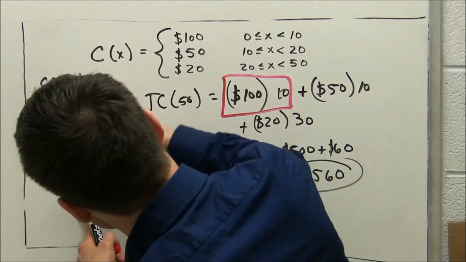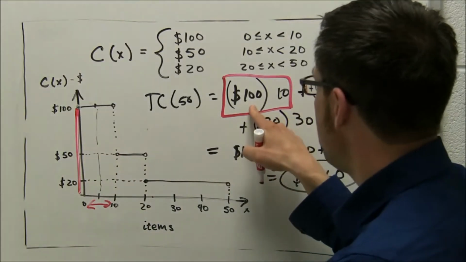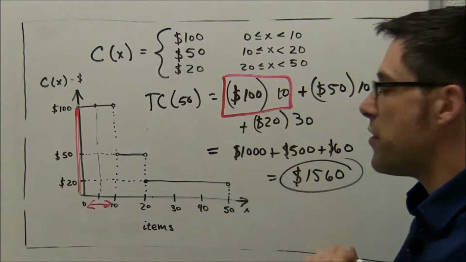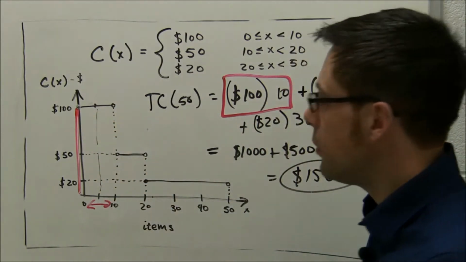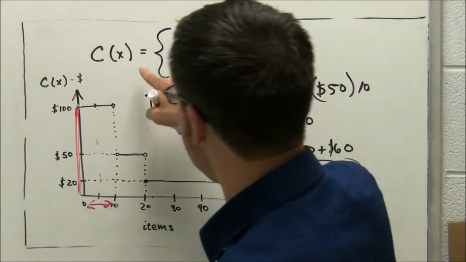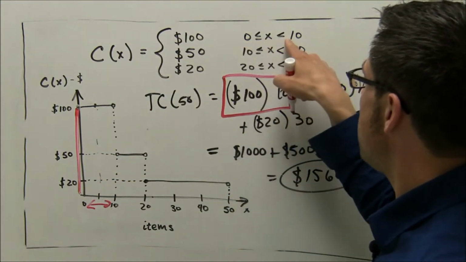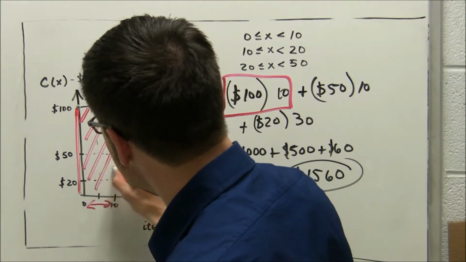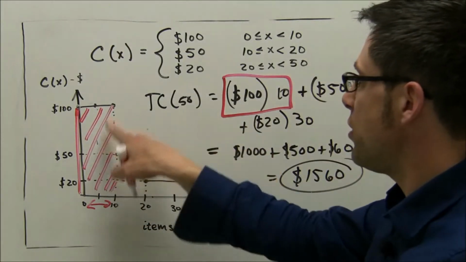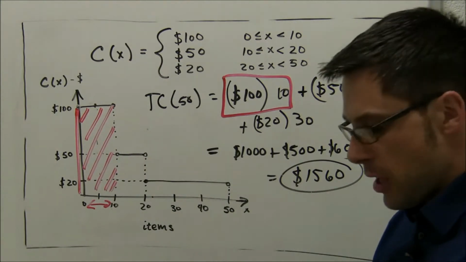So this quantity in red is really the area of this first little rectangle that I've drawn. It's the rectangle underneath the curve between 0 and 10, so I'm going to fill in this box. That's the area of this little piece that I've drawn in red.